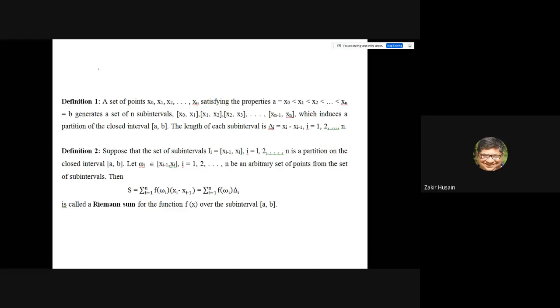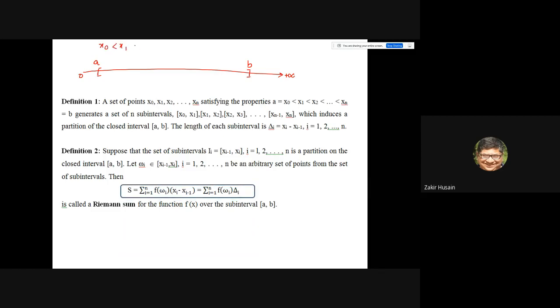See, you have an interval given by A, B. Okay, it's a closed interval. This is the x-axis or number line. Okay, so you have an interval and we take certain numbers. So these numbers are ranked by the indices.